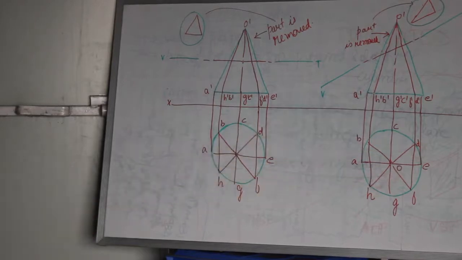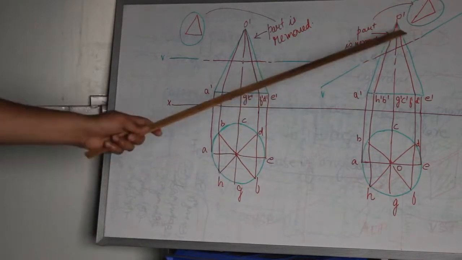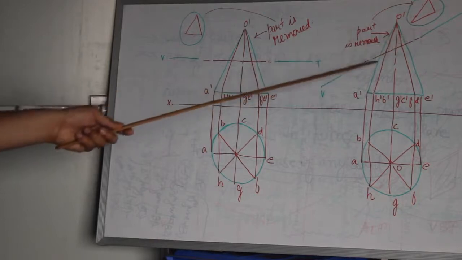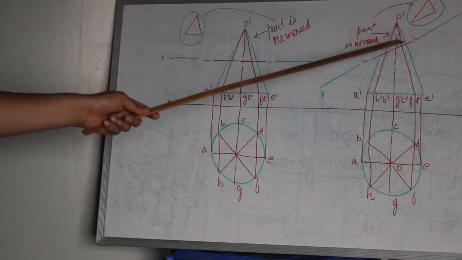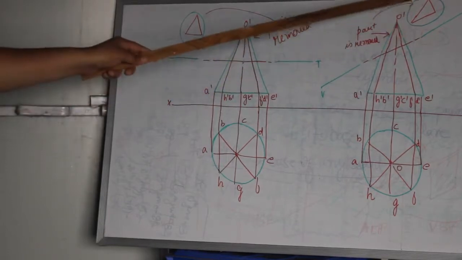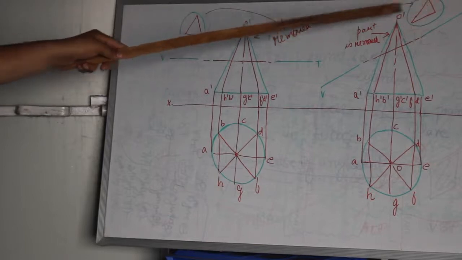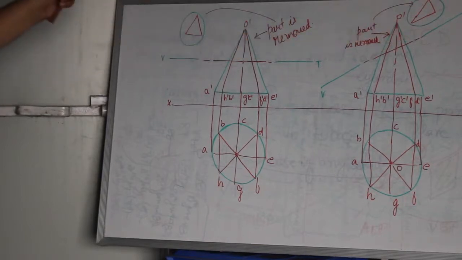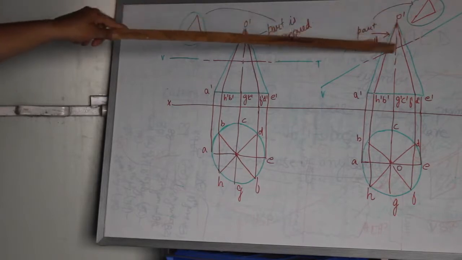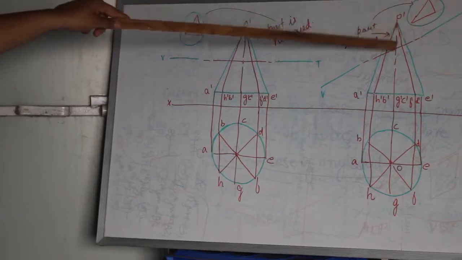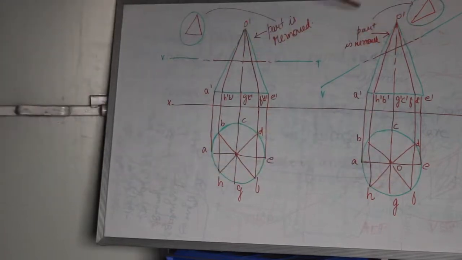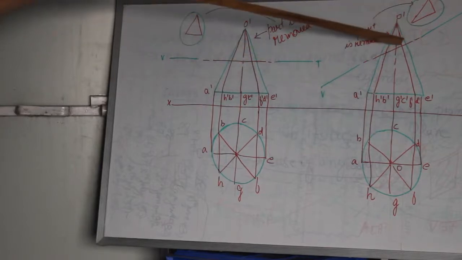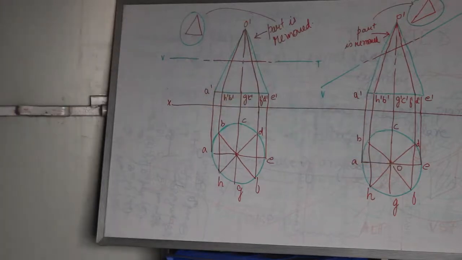Likewise for the second part, when you are using a cutting plane like this, an AIP, which is making an angle with the HP, you are removing this part, and the shape of this part is like, which is shown in the small circle, it is like this. This part is being removed, and the remaining surface or the section which is generated on the solid will be seen in the top view. When you see from the top side of the solid, you can see the section over here in the top view.